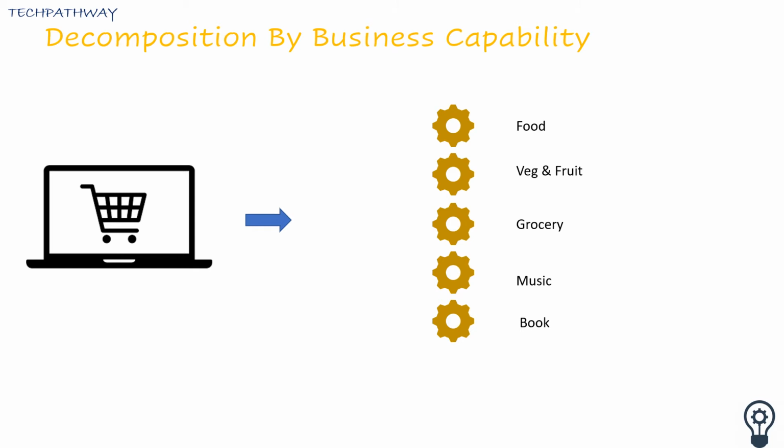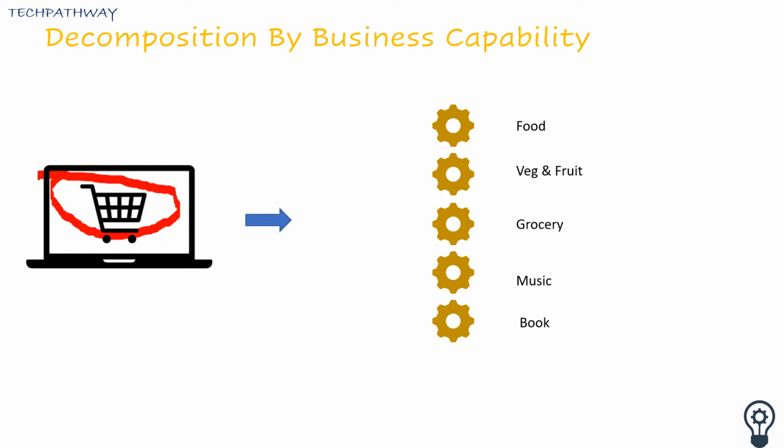Let's say, for example, you have a single monolithic application, and now we are transforming this application into a microservices application. So what could happen? I'm taking the day-to-day example of Amazon, which everybody is quite familiar with.